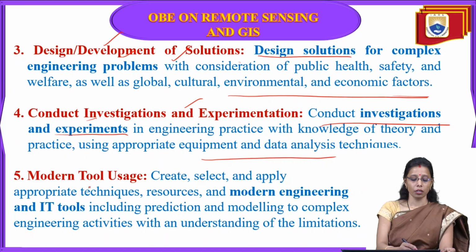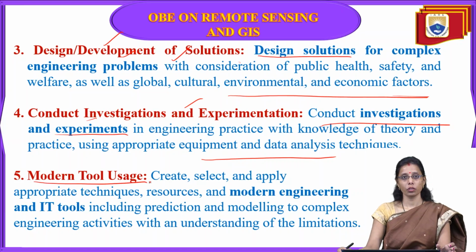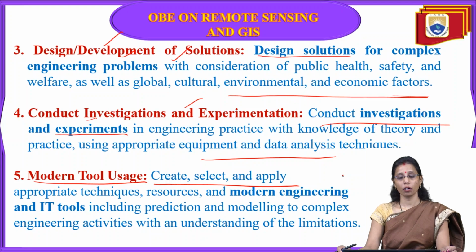Now coming to the fifth PO, which is about modern tool usage. Here in modern tool usage, what we have is create, select, and apply. How can we create, how can we select, and apply any knowledge, where we can create something or select something and use the appropriate techniques, resources, and modern engineering and IT tools.